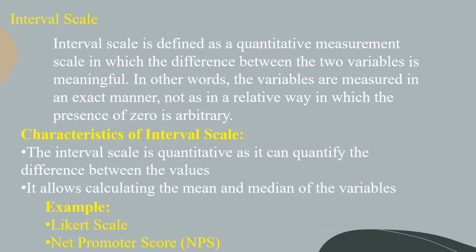Now third is interval scale. Interval scale is defined as quantitative. Nominal and ordinal are of course based on category and qualitative. Now interval scale is a quantitative measurement scale where the difference between two variables is meaningful. The variables are measured in an exact manner, not in a relative way.